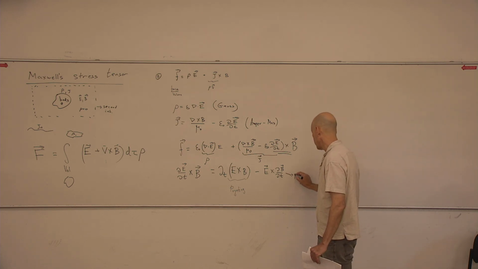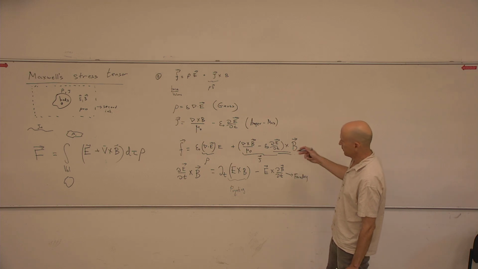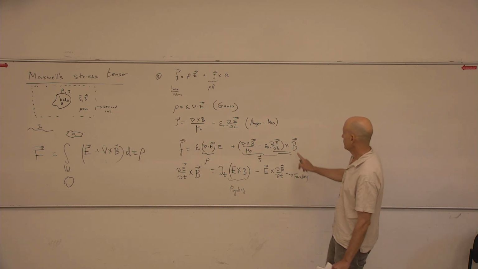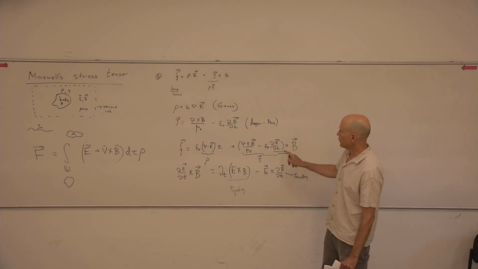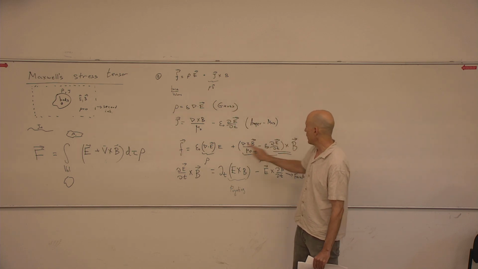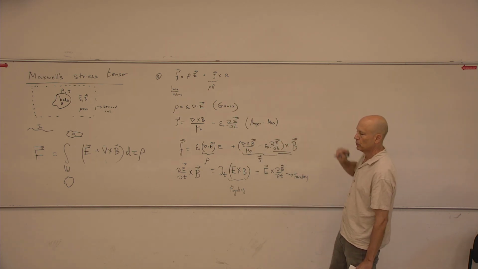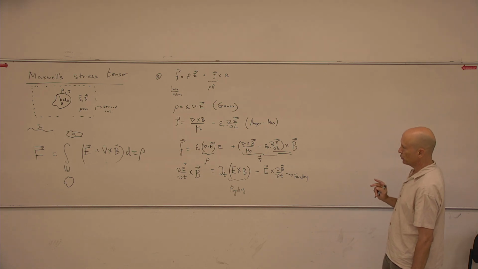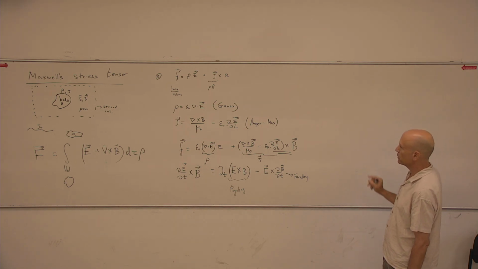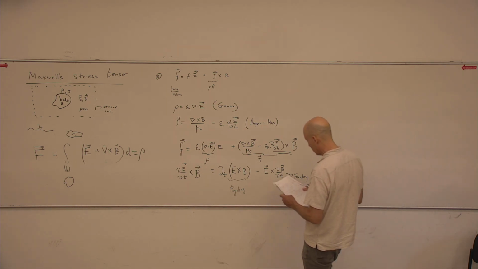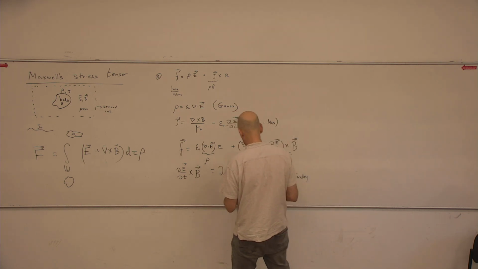This is related to Faraday. So now I can plug in Faraday into this term, and you see we started with 2 terms, now we have 3. It seems that it's going in the wrong direction, but it's not. Or maybe you think it is, I don't know.